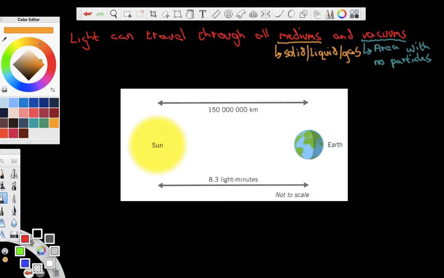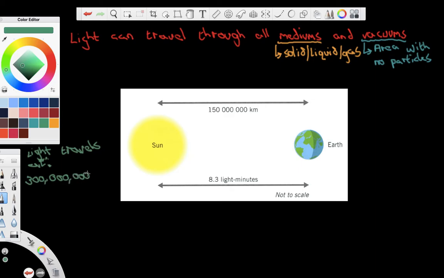So we can write somewhere, in fact, we'll go this colour, we can say light travels at 300 million meters per second, or we can convert that into kilometers and say 300,000 kilometers per second. Okay?